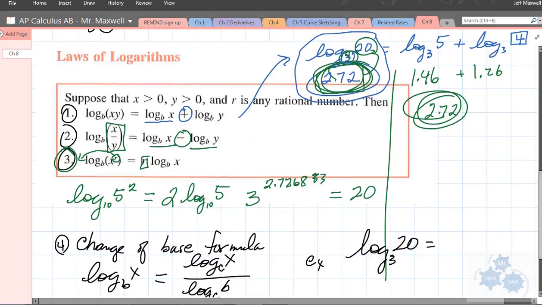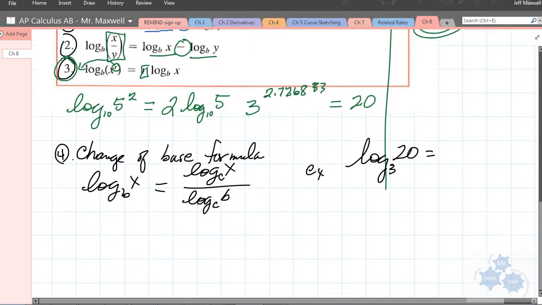So let's check this new change of base formula. That should be equal to the log of what number would I put up top here? Yeah, 20. And we could just use the common logarithm, base 10, which you don't have to write the base for. If there's no base written, that means it's a common logarithm, base 10. Divided by the logarithm of 3.